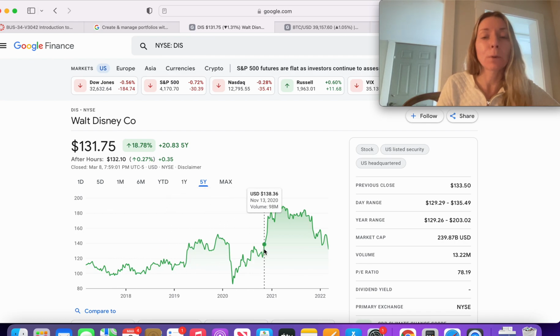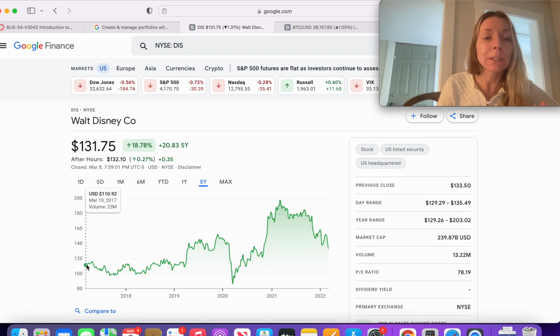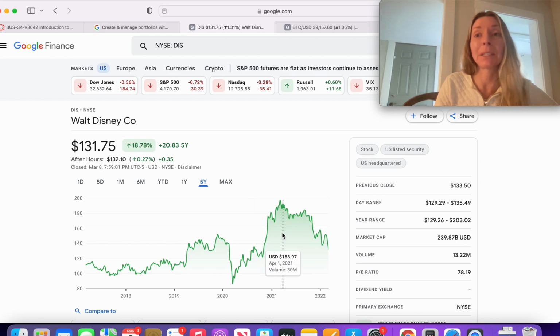It did most of what it did in the last 3 years. So the first 2 years, 17, 18 to 19, it was kind of flat. So those years aren't really contributing to the stock price. There's not much price appreciation the first 2 years. But then the last 3 years, there's been a lot more stock price appreciation. There's even a really big dip in here.